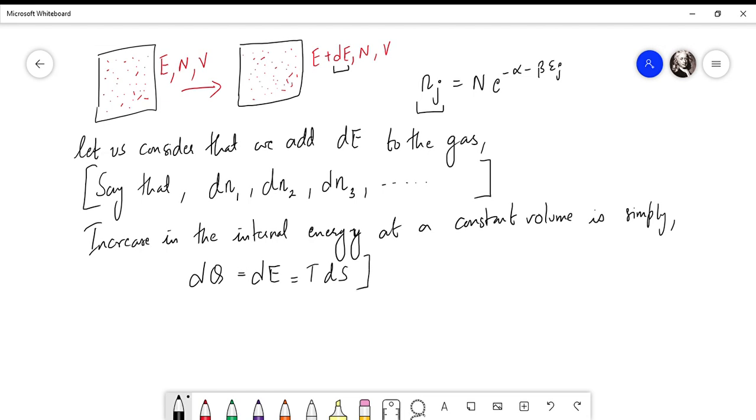This is a basic differential formula to account for the increase in the internal energy at a constant volume.